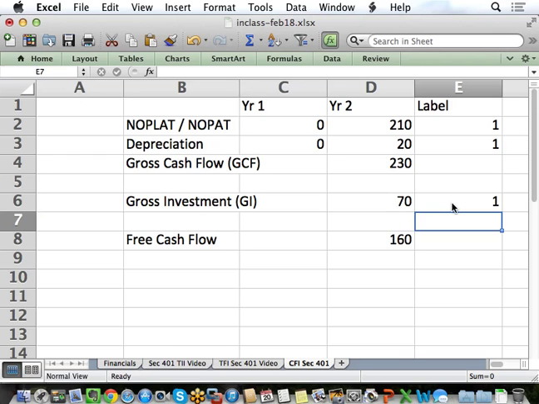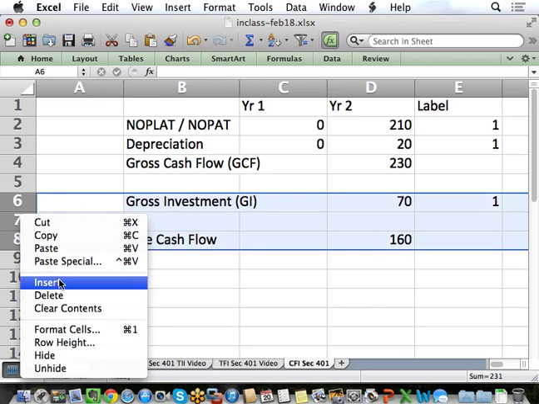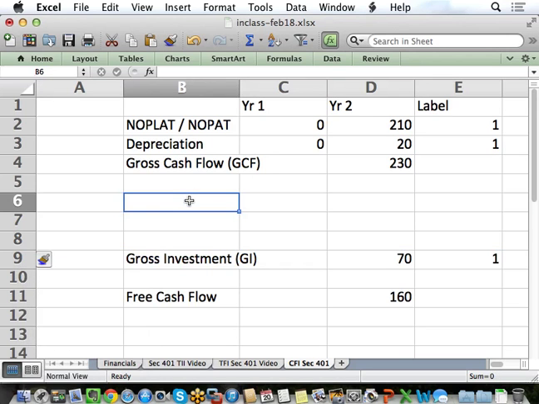So, add a few rows here. What is really gross investment? Gross investment is anything that's a change in what we labeled a 1. Anything that's a change in an operating asset or liability.